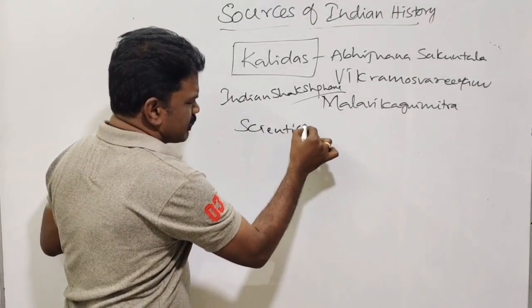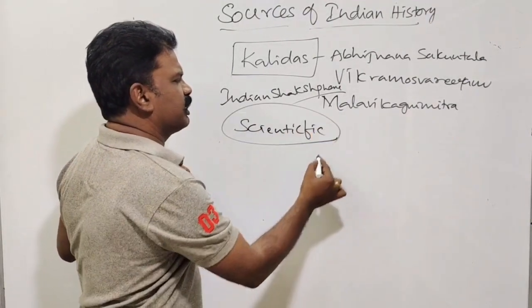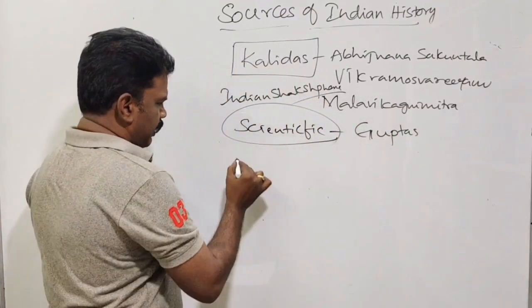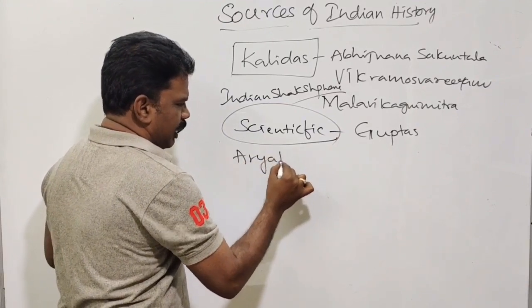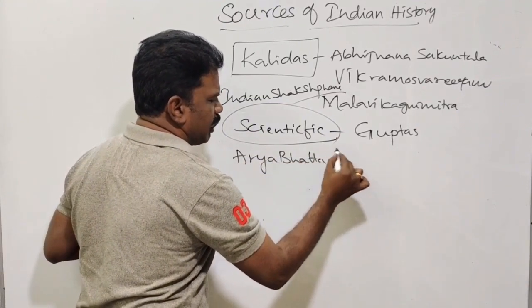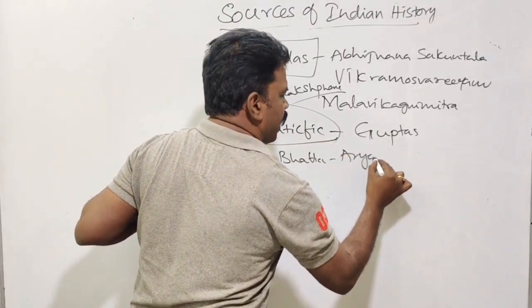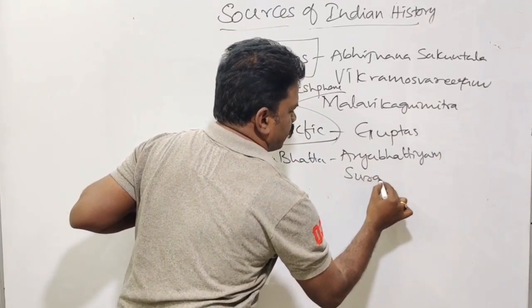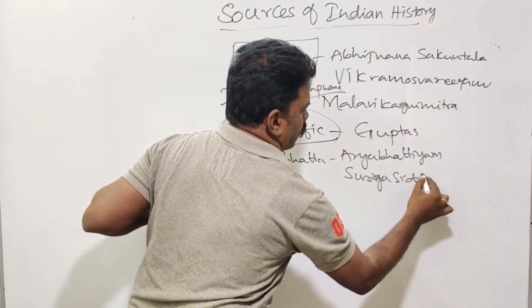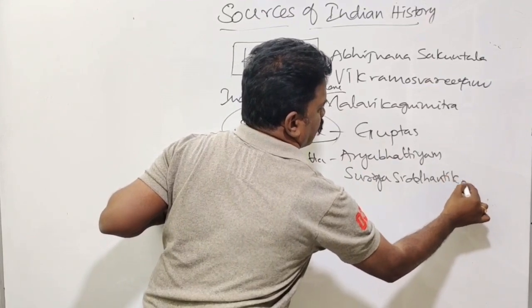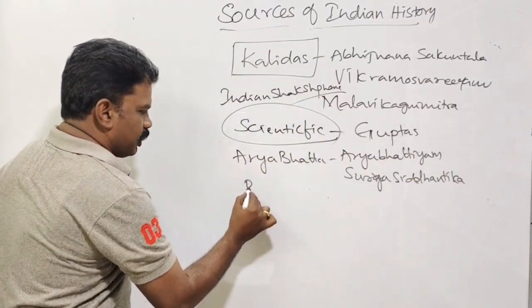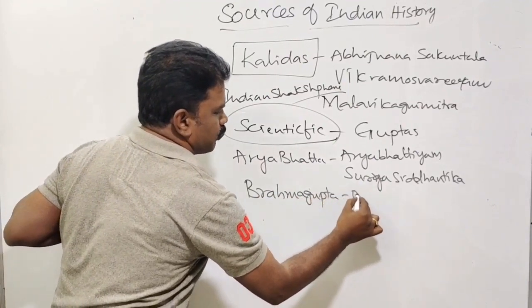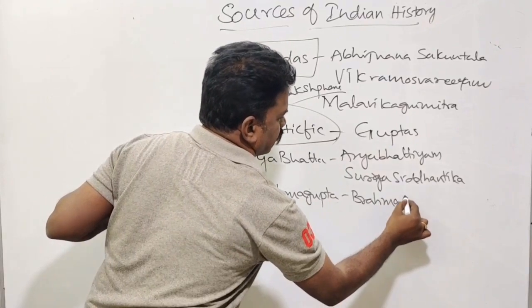Next, scientific books. Scientific books started during the Gupta period. Like Aryabhatta, who wrote Aryabhattiyam and Surya Siddhantika. Brahmagupta wrote Brahma Siddhantam.